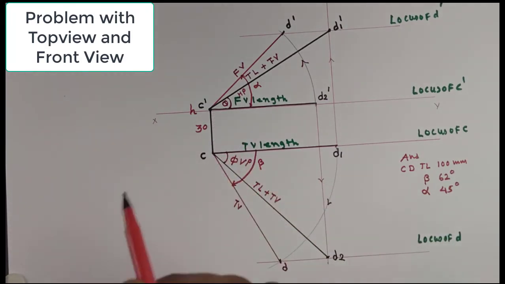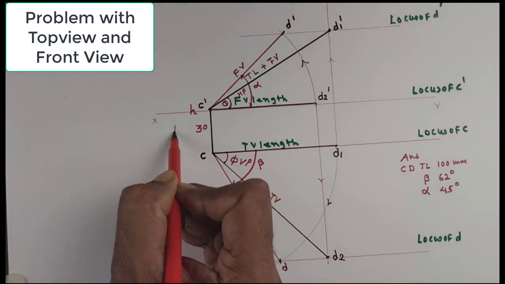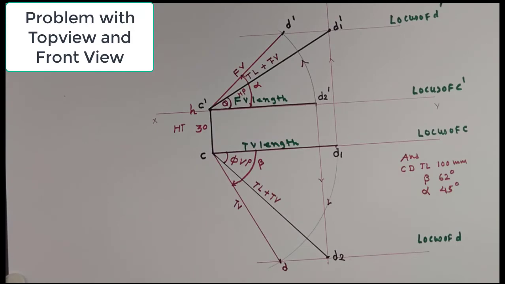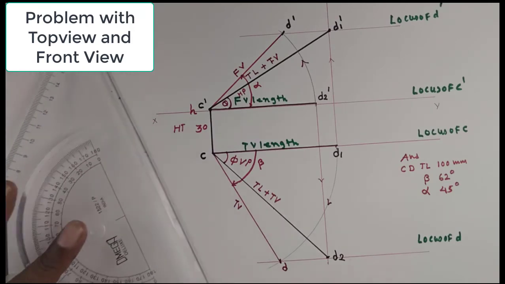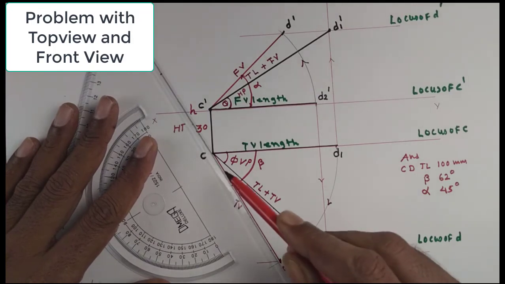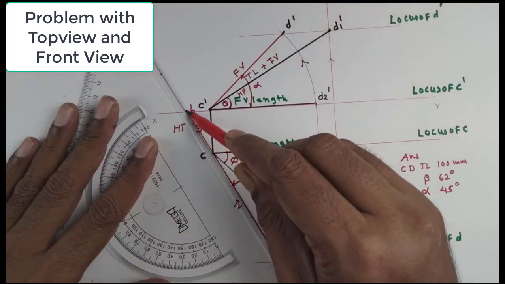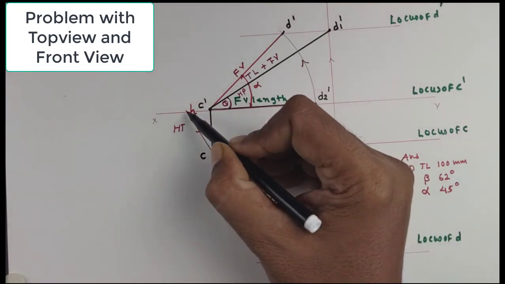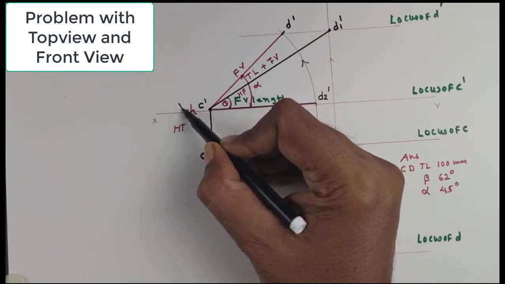So this 30 mm is my horizontal trace. Now for your vertical trace, you extend your top view up to the XY line. It cuts the XY line where we mark the V point.